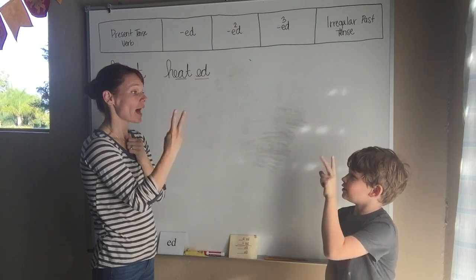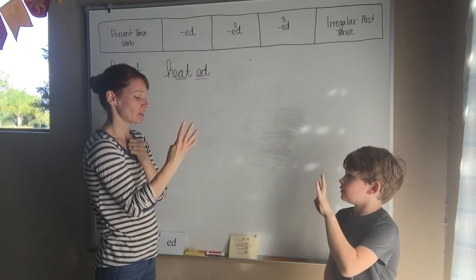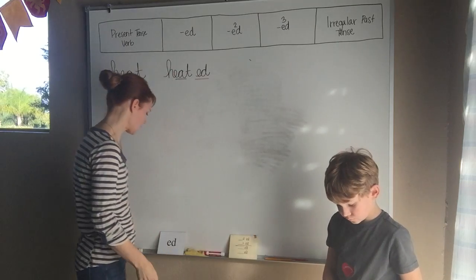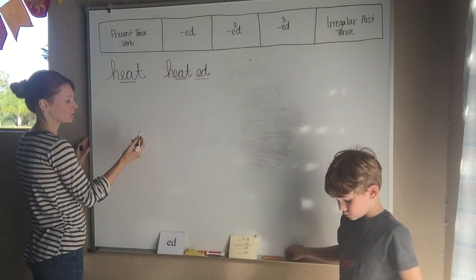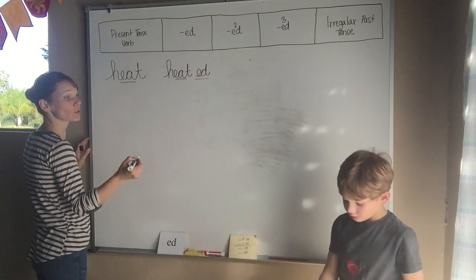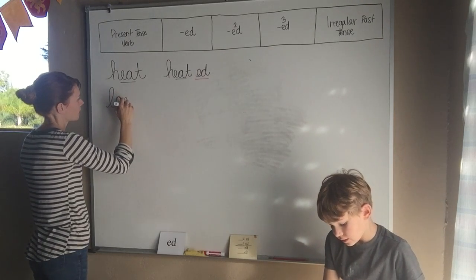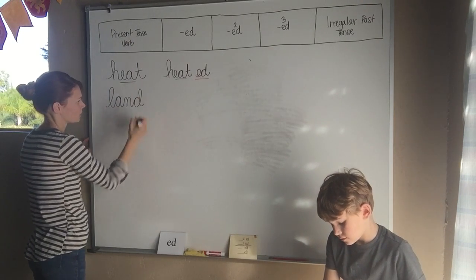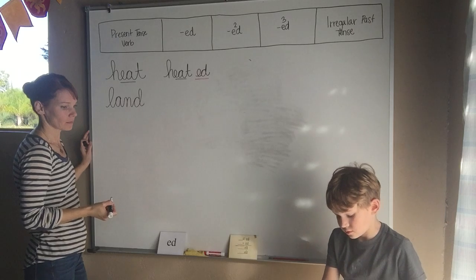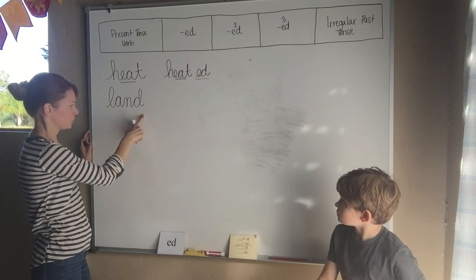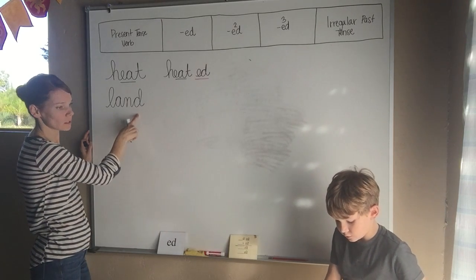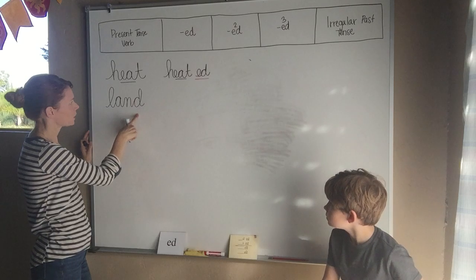Ready? Land. Very good. So underneath heat, you're going to write land and say it as you write it. Regular pencil. Ready? L, a, n, d. Okay. Do our words match? Mhm. Okay. Do we have any rules or markings? No, we don't.